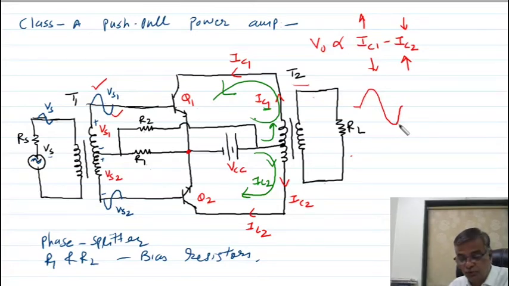So this is called pushing and pulling nature of the circuit. One time this current increases, second time this current increases.